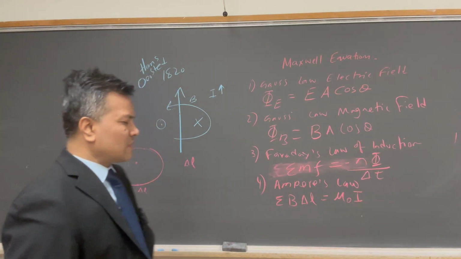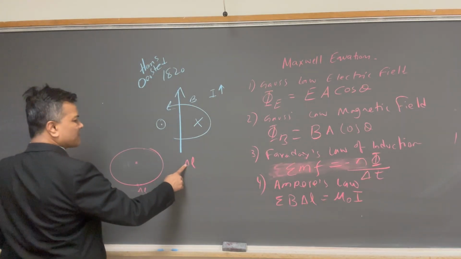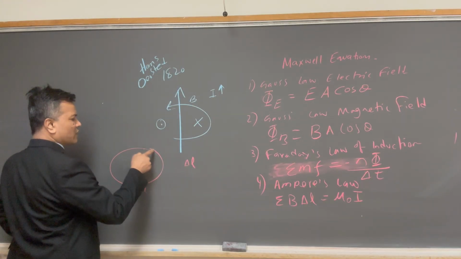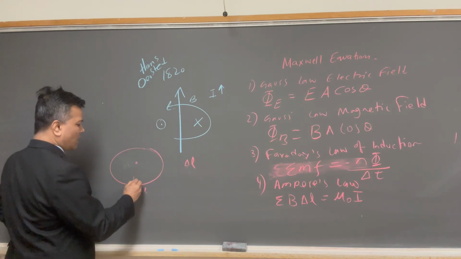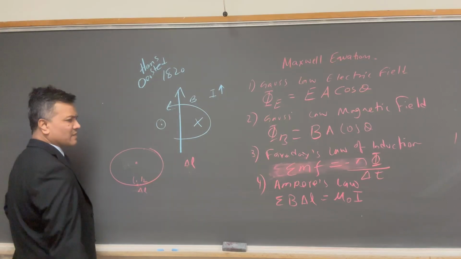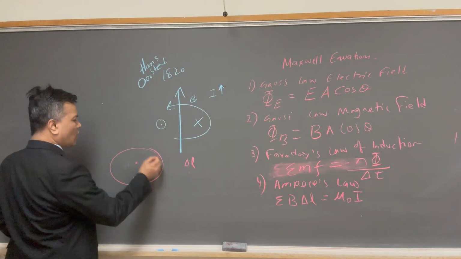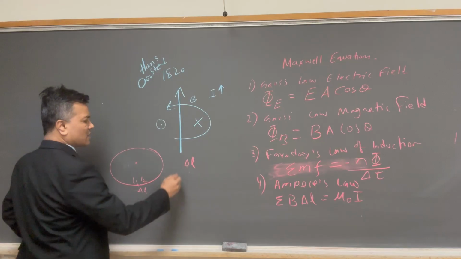Now, this is not all the points on the circle. This is just 2 points, L1 and L2. If you want to put all points on the circle, you have to put sigma.